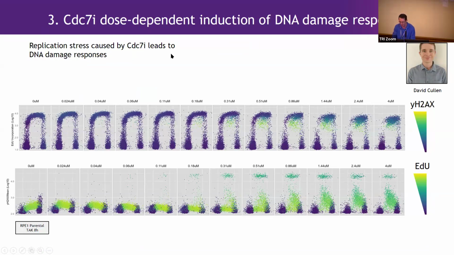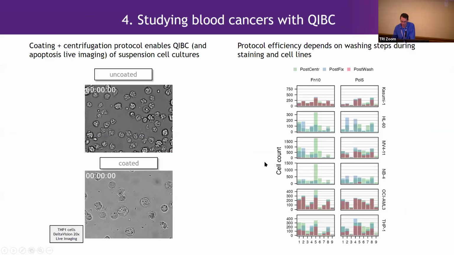CDC7 inhibition induces gamma H2AX, a DNA damage response marker, and you can really appreciate these damaged populations rising up with the concentration. So we can really interrogate this phenomenon with that.